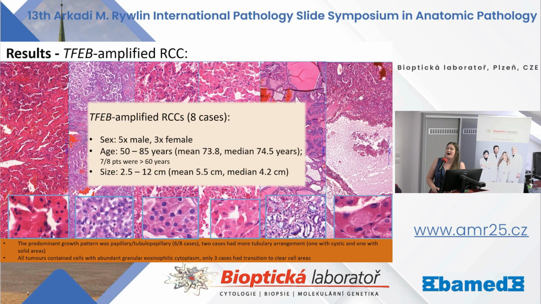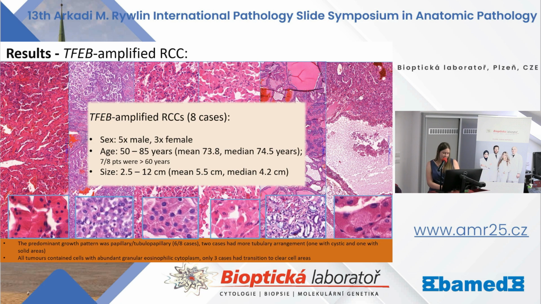I was curious, so I made my own study on my own cases. I searched for my cases of TFEB amplified renal cell carcinoma, and I was trying to compare the morphologic characteristics, immunohistochemical profile, and some basic clinical data. In my series of 8 cases, the majority were males. The patients were usually older, and there was a very wide range of size.